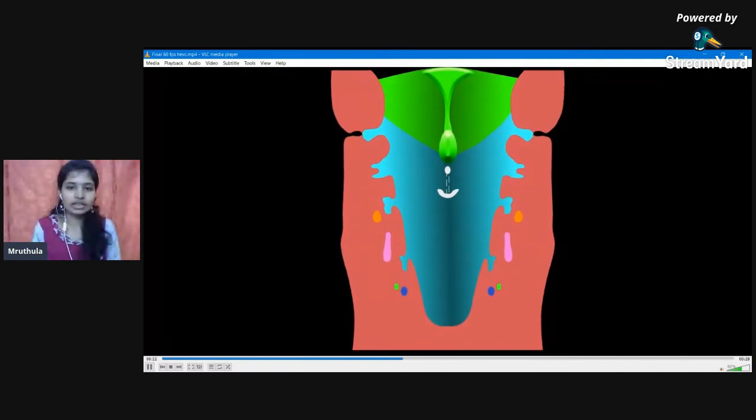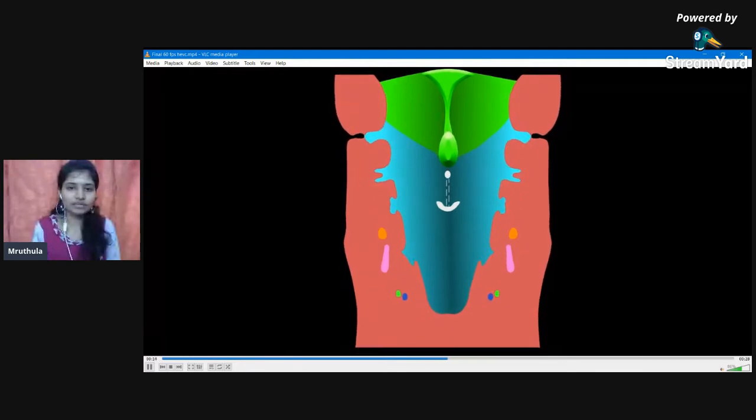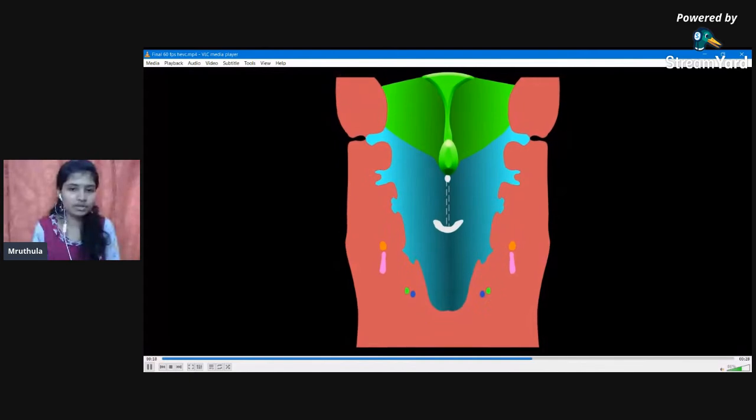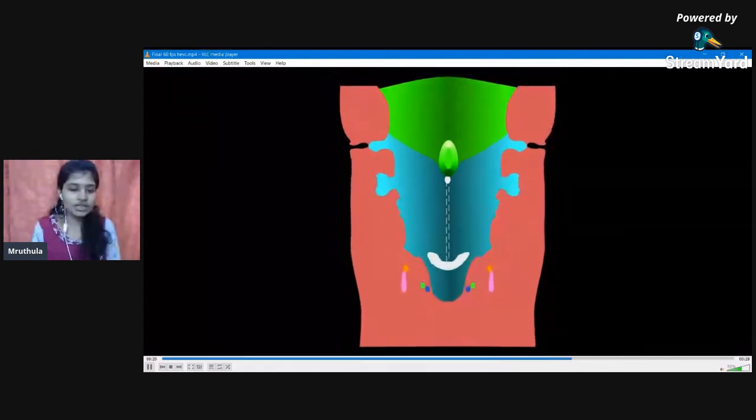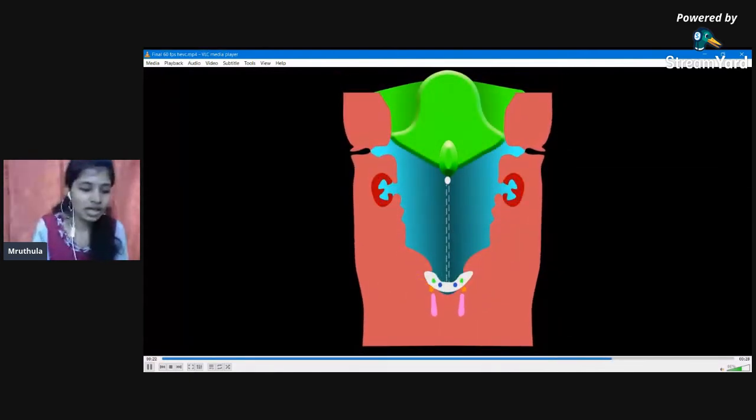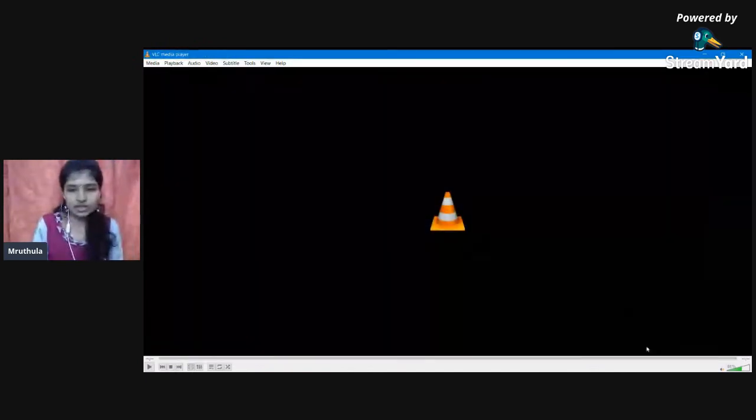The duct is going down. As it goes down, it bifurcates. Now you can see that there is a somewhat U-shaped structure. As it goes down, it enlarges, and as you saw there, that's how the thyroid gland is formed.